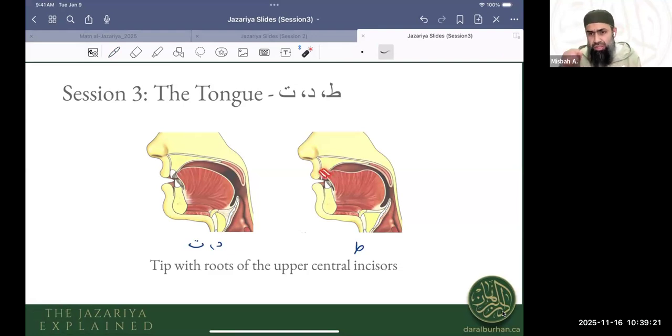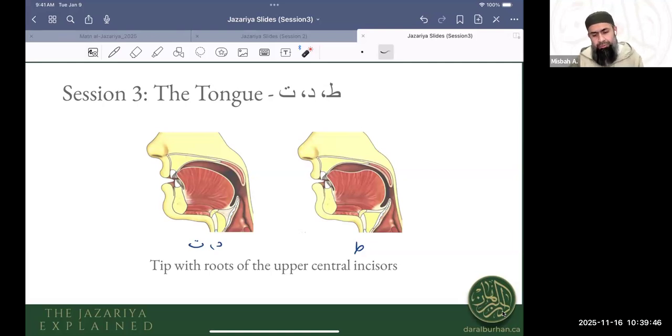It's right just above it, literally millimeters above the tooth itself at the roots of it. When I say gums, it maybe is not clear. When I say roots, you know where the roots of the upper central incisors are. Okay, the roots of teeth are just above them, right? For the upper central incisors, and for the lower ones, of course, at the bottom, right under them.